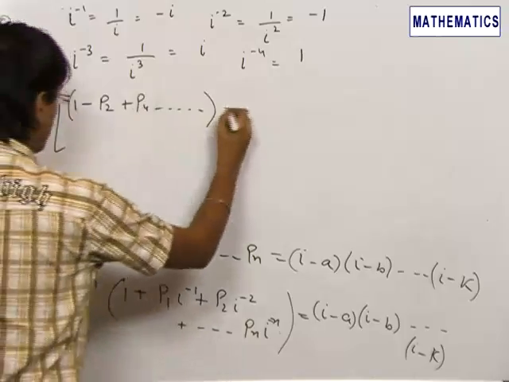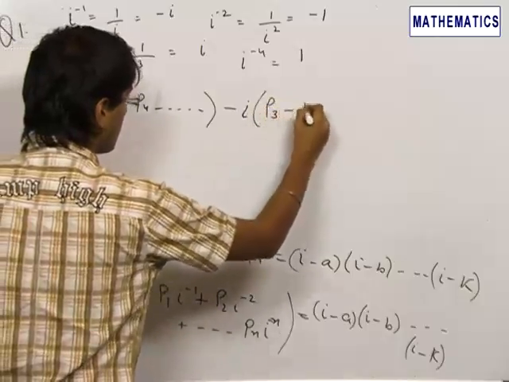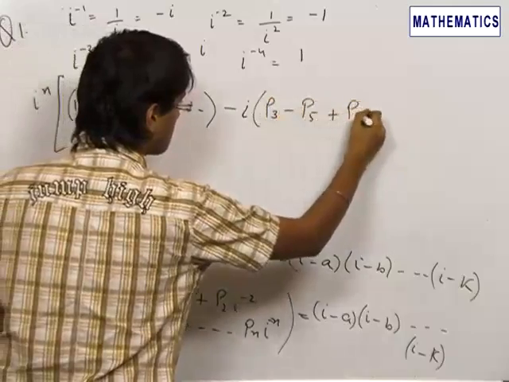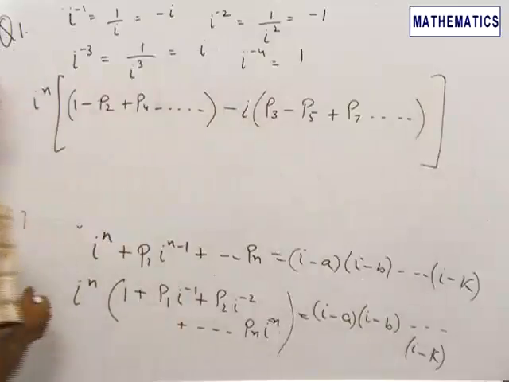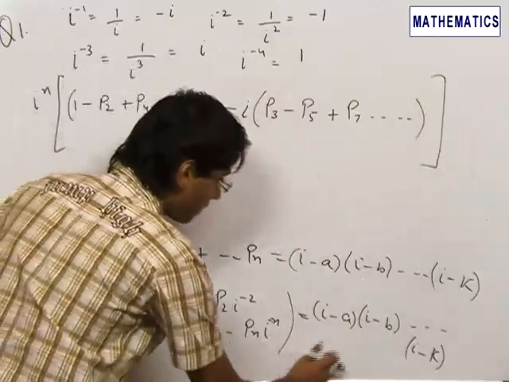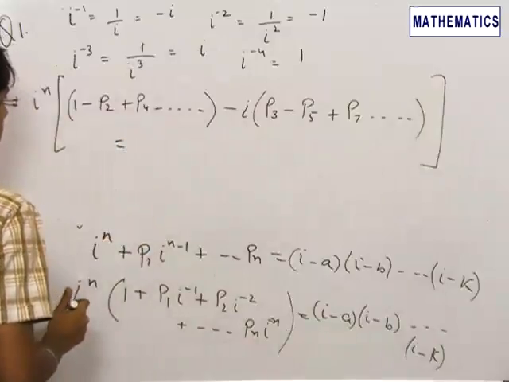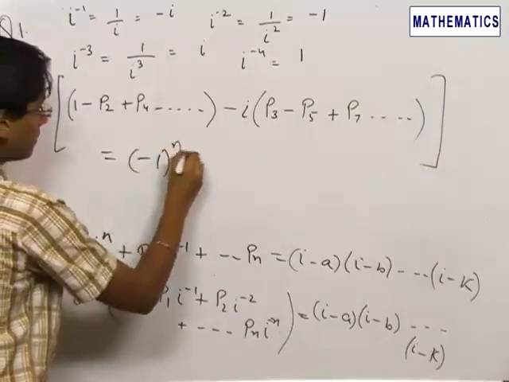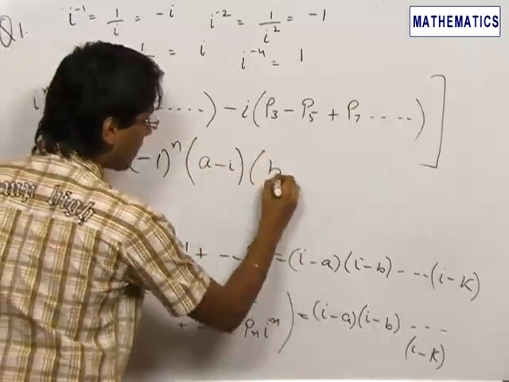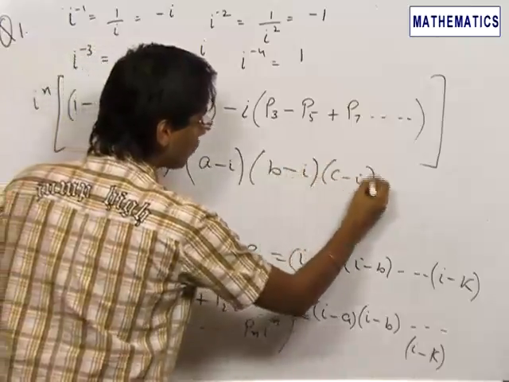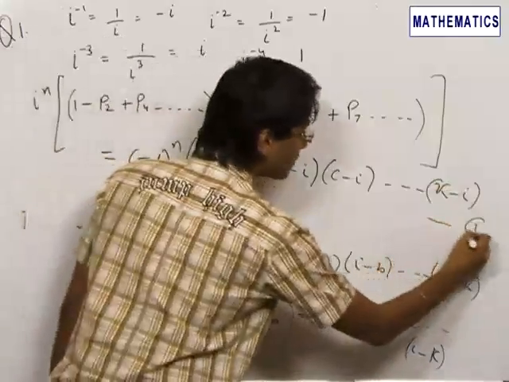Similarly, we have the imaginary part as minus iota times p3 minus p5 plus p7, and on taking minus 1 common from each of these brackets, we'll get minus 1 power n. This becomes a minus iota, b minus iota, c minus iota up till k minus iota. This we take as the first expression.